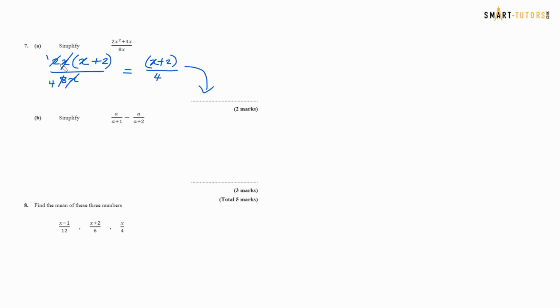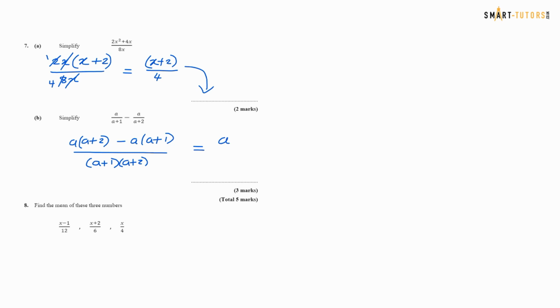B part, simplify a over a plus 1 minus a over a plus 2. It's the same as the first two questions. The denominator is going to be a plus 1, a plus 2. A is going to be multiplied by a plus 2, and minus a is going to be multiplied by a plus 1. So expand that out.